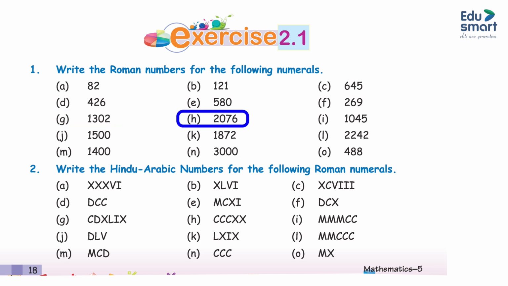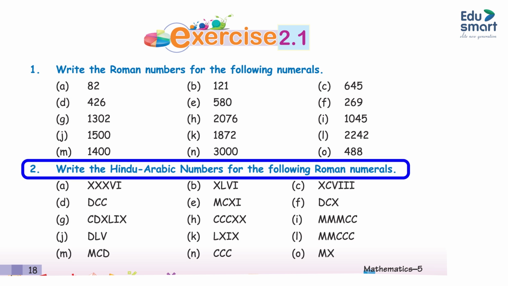H. 2076. I. 1045. J. 1500. K. 1872. L. 2242. M. 1400. N. 3000. O. 488. Answer. Do it yourself.